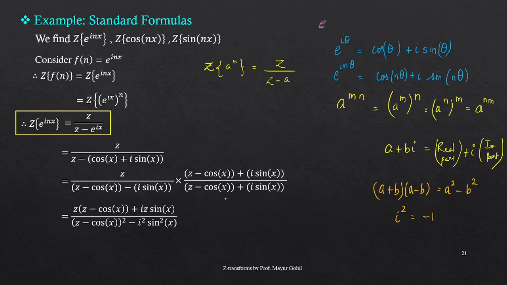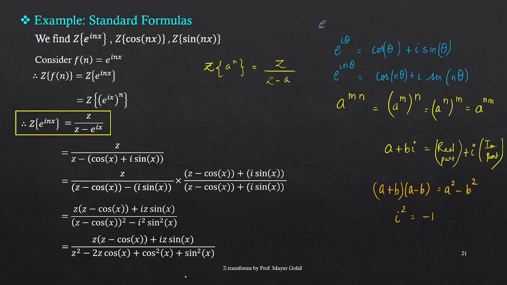Then you substitute that and for i square you will get plus, and then you expand (z minus cos x) the whole square, using (a minus b) the whole square. When you do, you get a square minus 2ab plus b square, right? Use that and you simplify this.